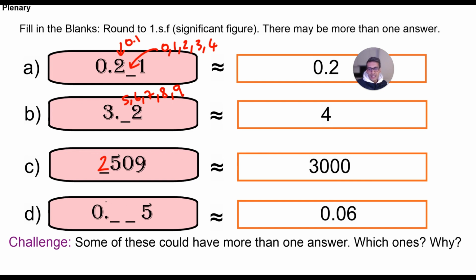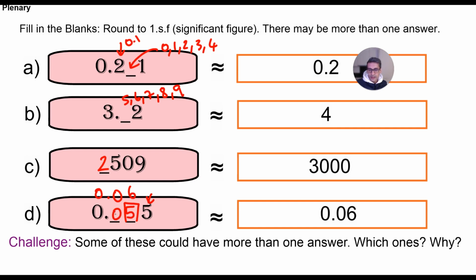Now, looking at question D, we know that we've got 2 blanks here, and this is going to round to 0.06. So what could go here that would then make this 6? Now, because we have a digit here followed by a 5 and the decider is 5, 5 or above means the previous digit is rounded up. So we know that that's going to have to be a 5 there.